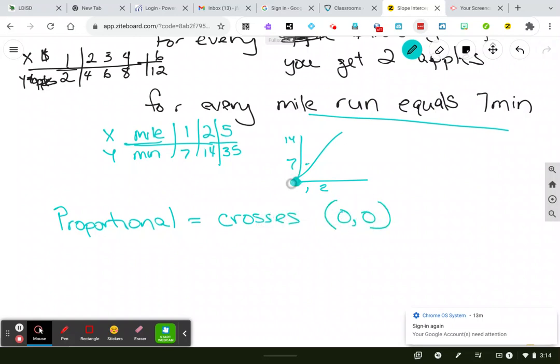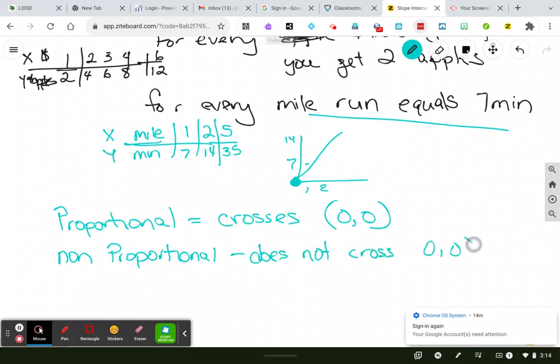In this case, it crosses 0, 0. If I don't run, I don't go anywhere. If it's non-proportional, it does not cross at 0, 0.